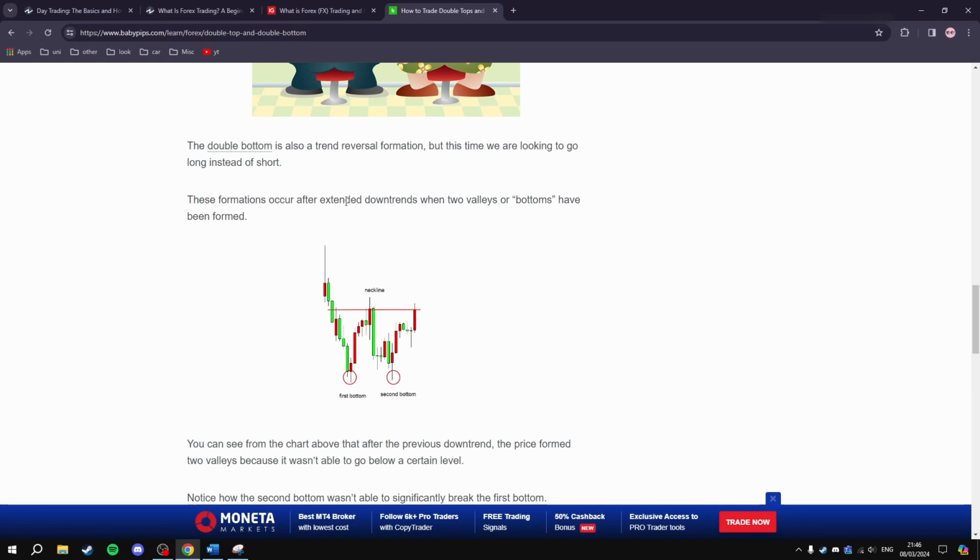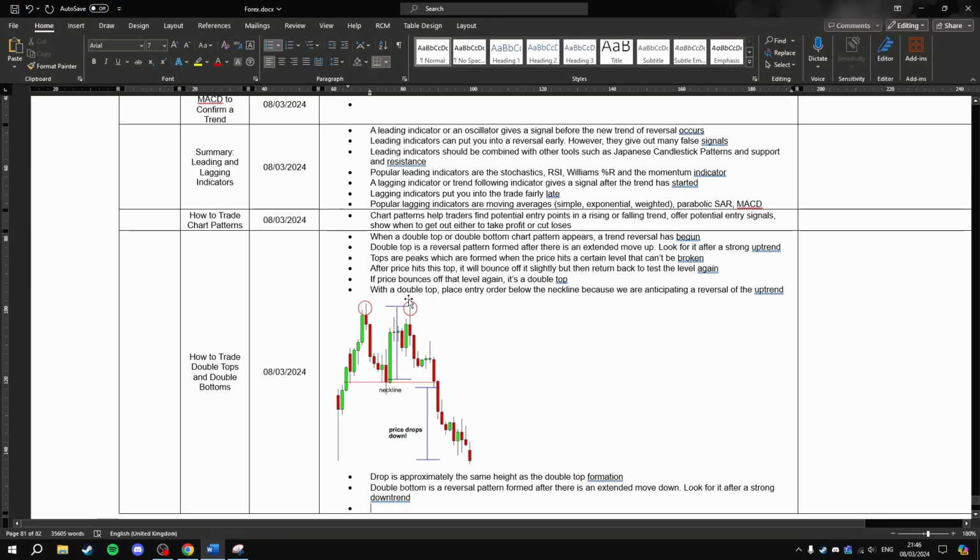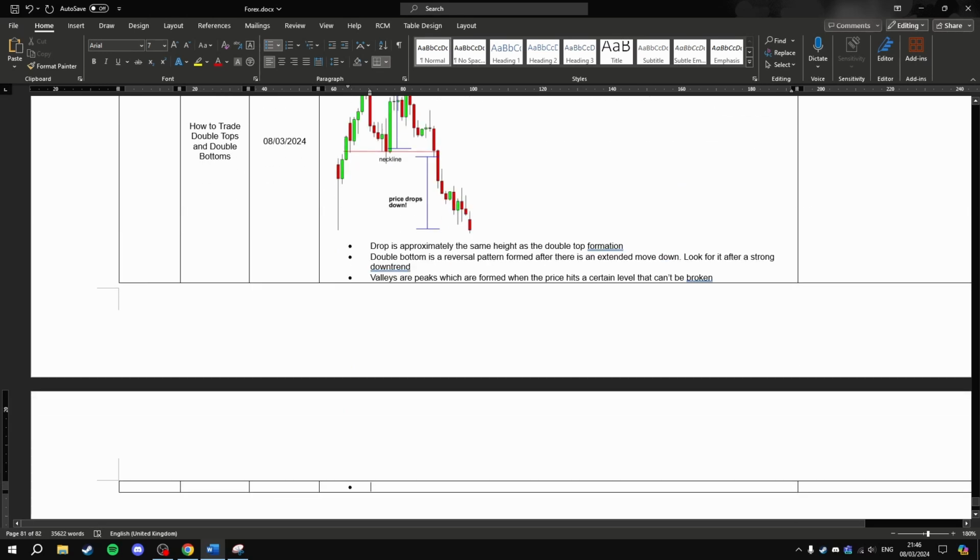These formations occur after an extended downtrend when two valleys or bottoms have been formed. Valleys are formed when the price hits a certain level that can't be broken.